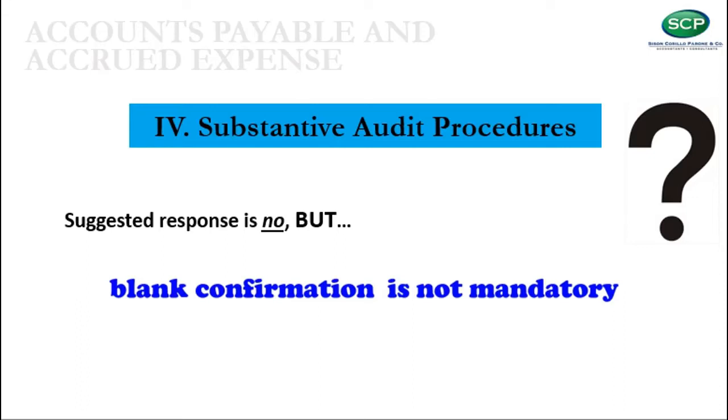So kasi since nawala yung mga files ng company, it is preferable, in my opinion, to send a blank confirmation request to the vendor kasi wala namang documents din na may maipipresent yung company to us. So parang in effect, magre-rely tayo doon sa documents nung the vendor.